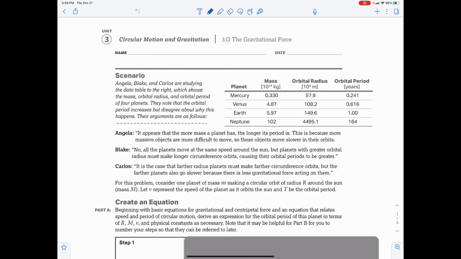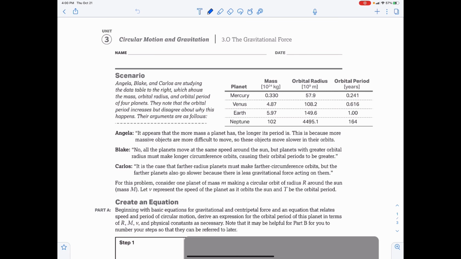Carlos says, it is the case that farther radius planets must make farther circumference orbits, but the farther planets also go slower because there is less gravitational force acting on them.